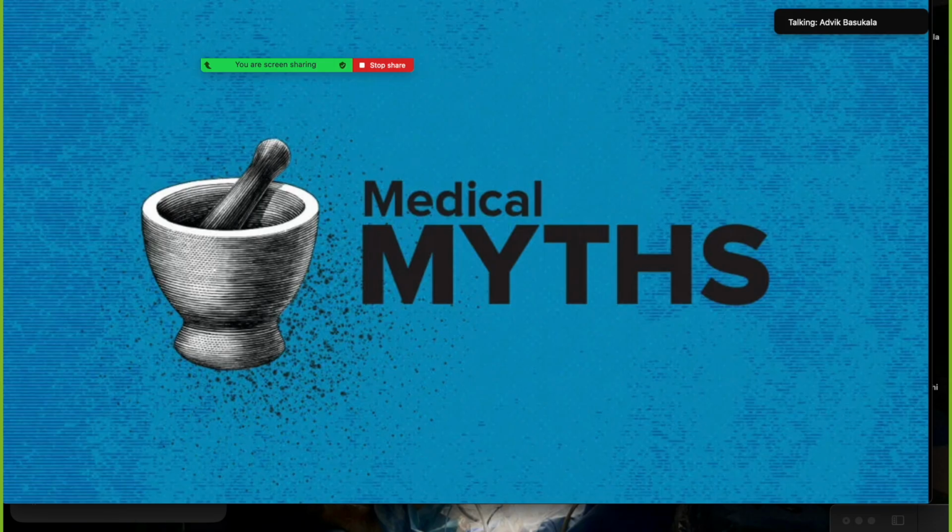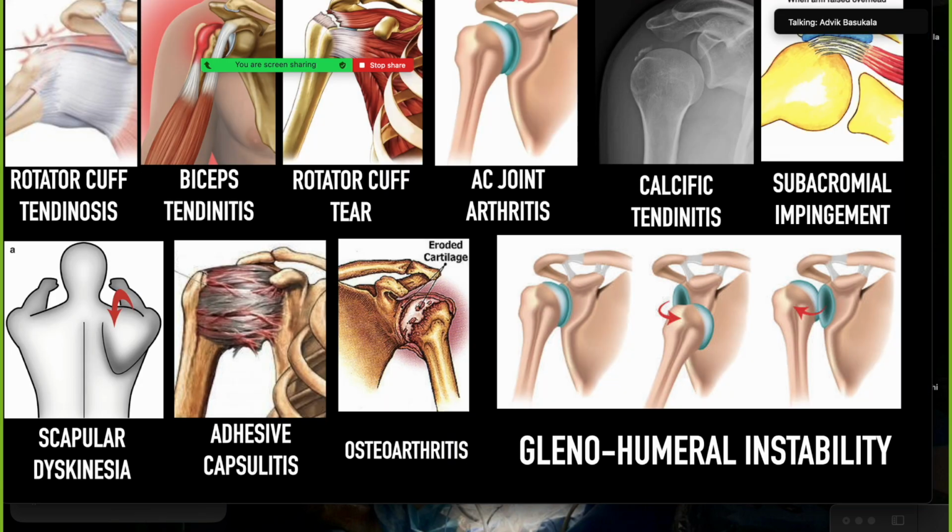As we all know, there are many medical myths in our practice. For us, every shortness of breath is COPD, every abdominal pain is APD. Similarly, every shoulder pain is frozen shoulder. That is not true, just as every abdominal pain is not APD, or every shortness of breath is not COPD.